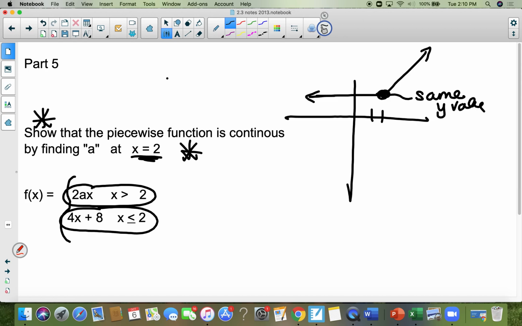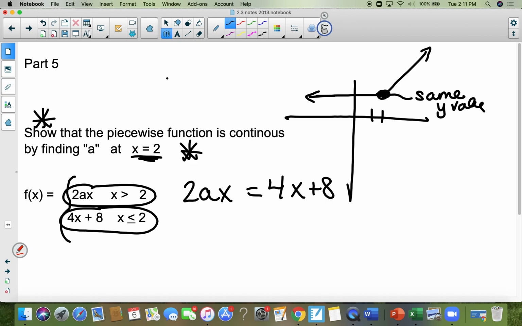So basically they have to be equal to each other. All you do is set 2ax equal to 4x plus 8, because you want them to be equal at the spot they're asking you for, for it to be continuous, right? The y values have to be equal.